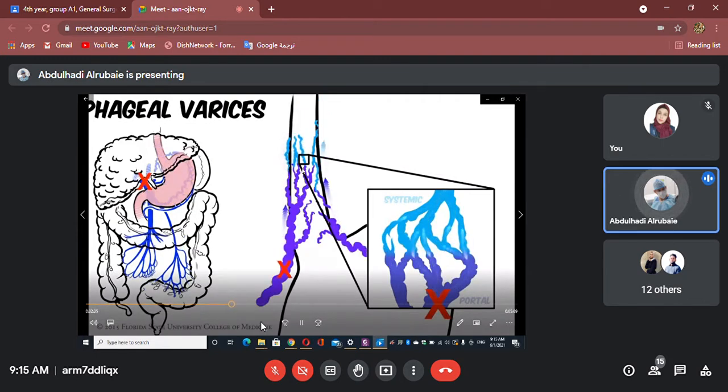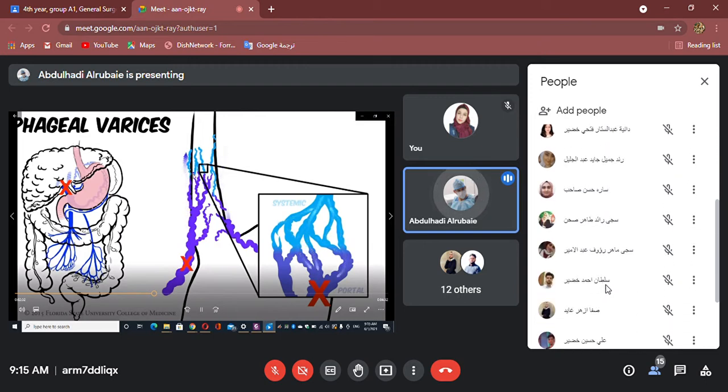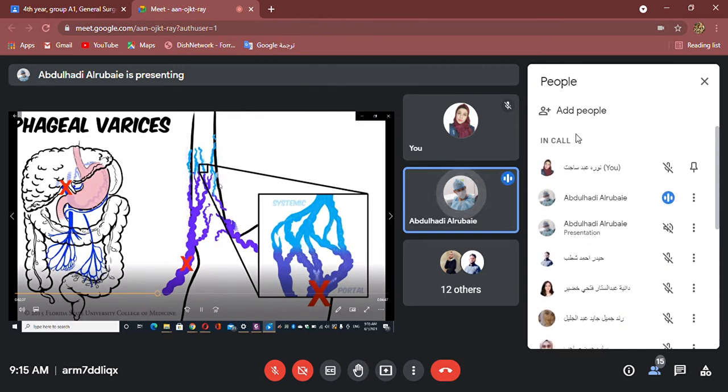Here, portal blood tries to be sent to the caval system. As a result of that, there is dilatation of these veins either around the esophagus or in the lumen of the esophagus.